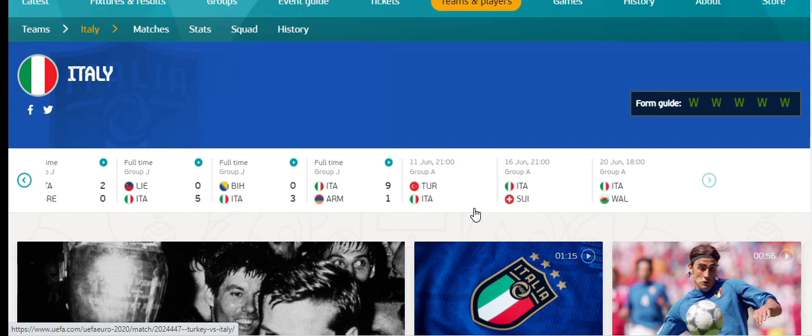So looking at the quality that they have going up front and the selection that they have made, it would be great for you to bet on goals when you're betting for Italy, over 1.5, over 2.5. It's definitely something that I'll be betting on for Italy.